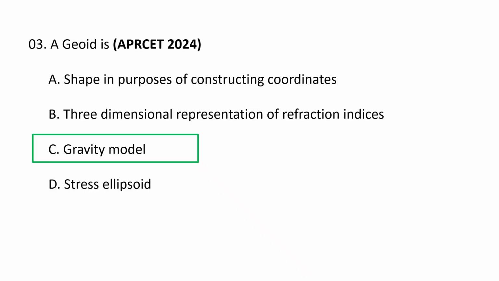It is defined as the equipotential surface of Earth's gravity field that best fits the global mean sea level. The geoid's irregular shape is a direct result of the uneven distribution of mass within the Earth, and it is used to establish a consistent reference for measuring elevations. C is the correct option.